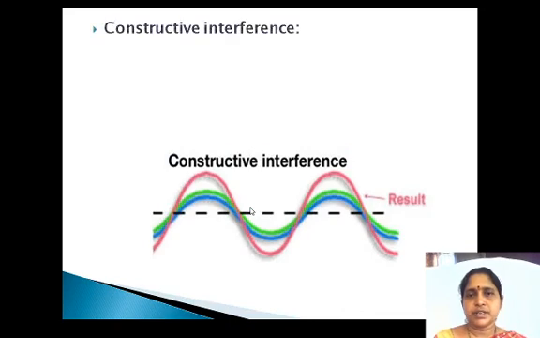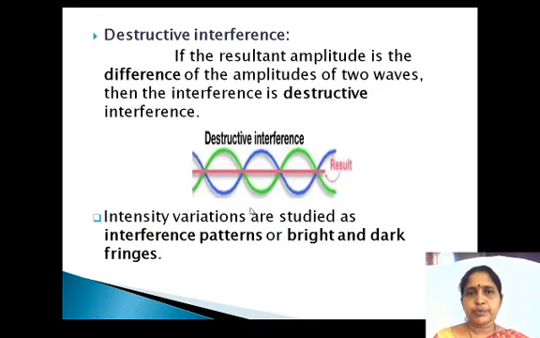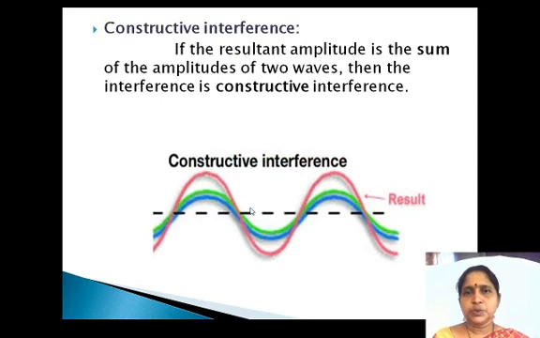Constructive interference means the resultant amplitude is the sum of the amplitudes of the waves. When constructive interference takes place, the two light waves superimpose in phase and are in coherence.